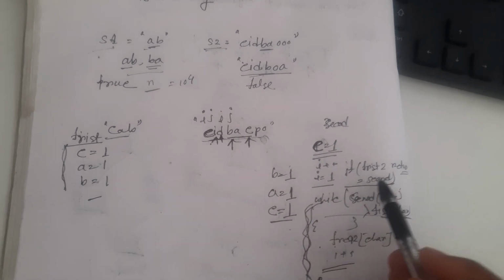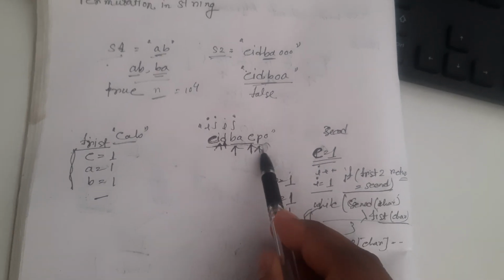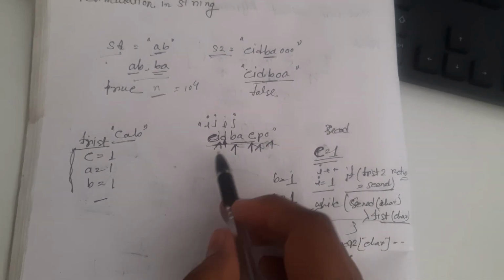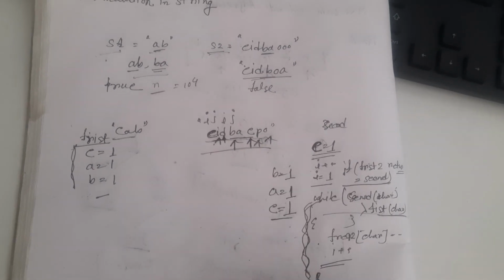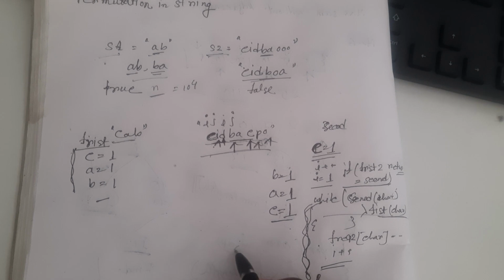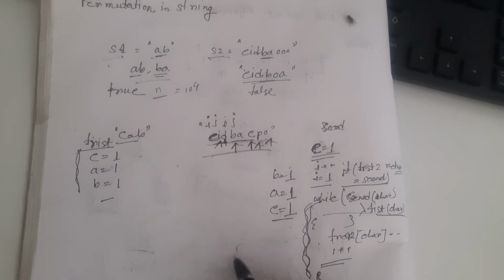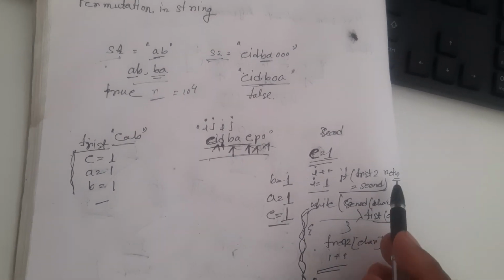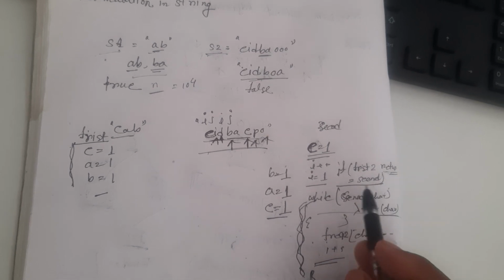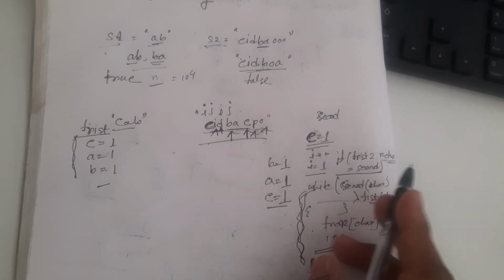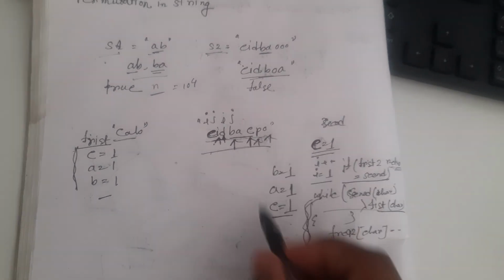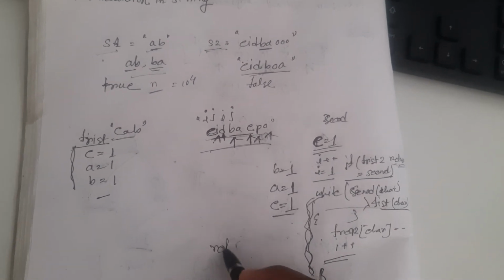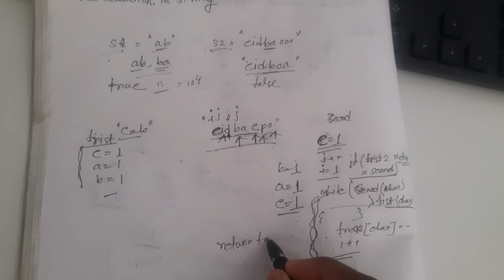Otherwise you keep iterating over the whole string s2, and finally when you reach the end of the loop without having returned true, we return false.